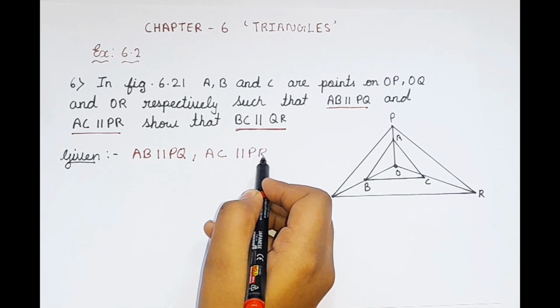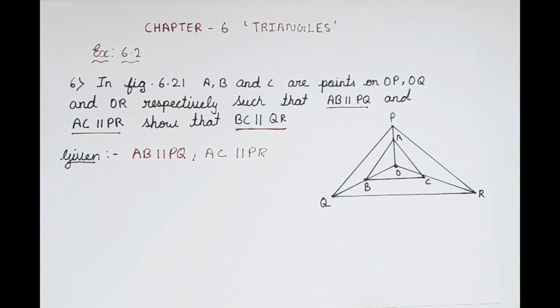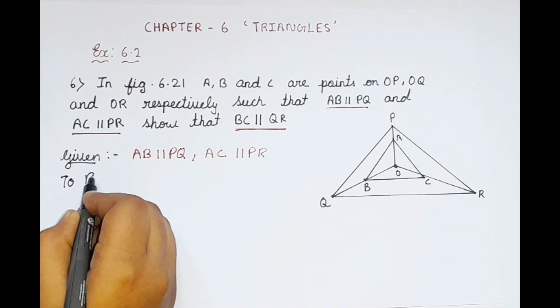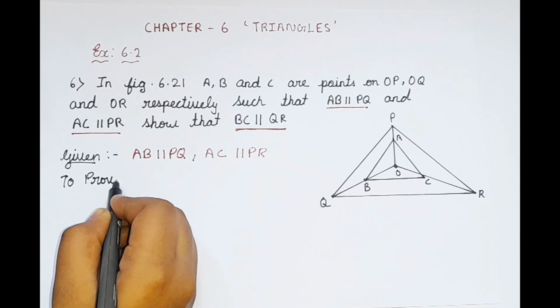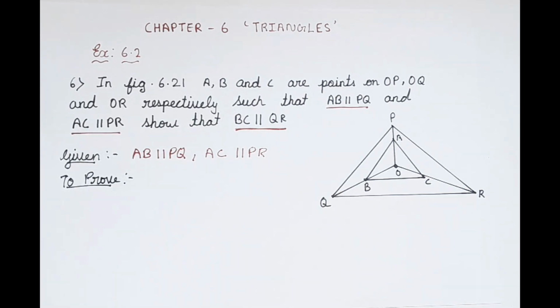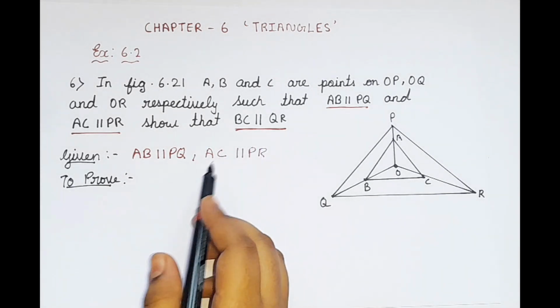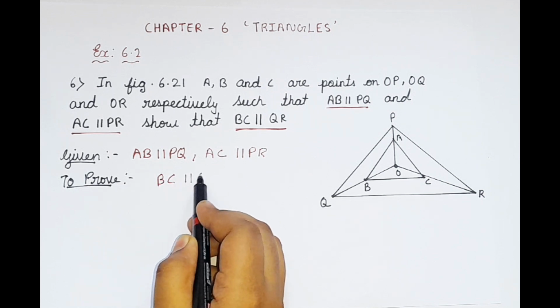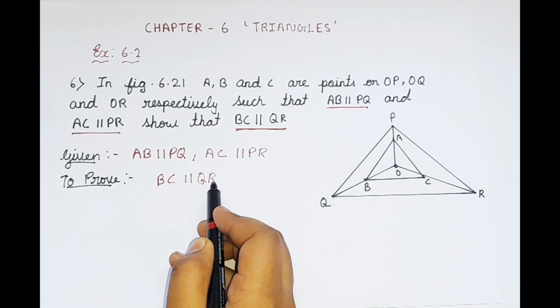It is given in the question, am I right? Now we are supposed to write what we need to prove. We are supposed to prove that BC is parallel to QR. So let us write BC is parallel to QR. This one we are supposed to prove.